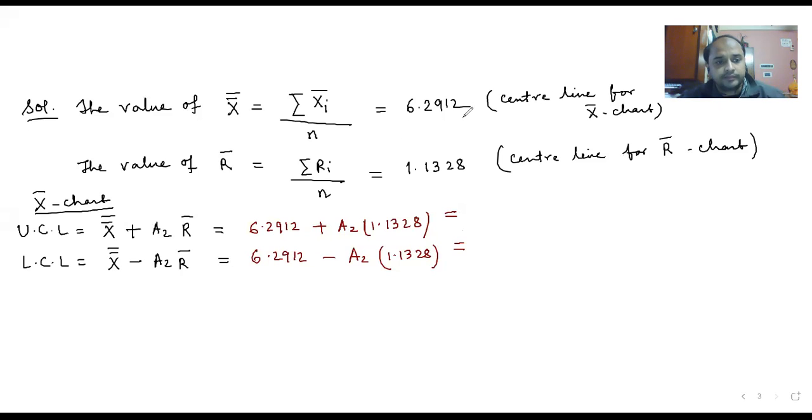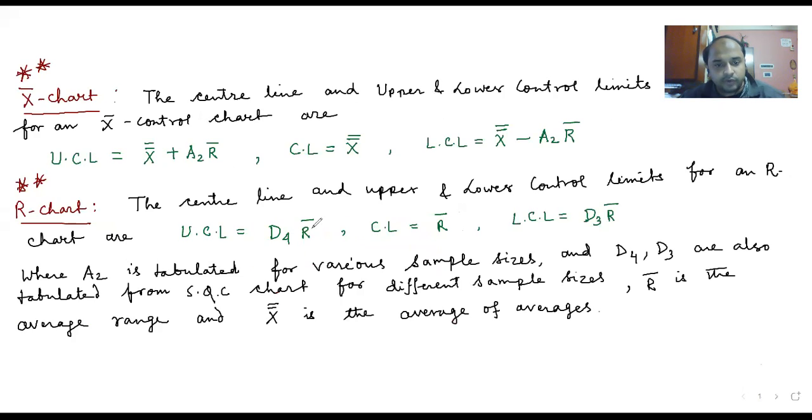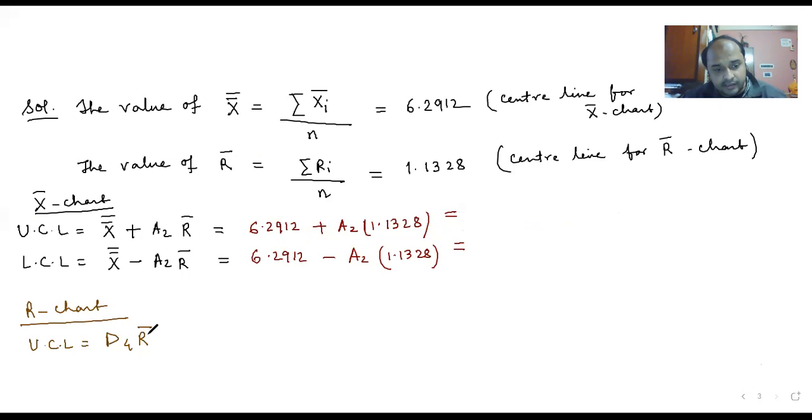And for the R chart, the UCL formula is D4 into R bar, and for LCL it is D3 into R bar.